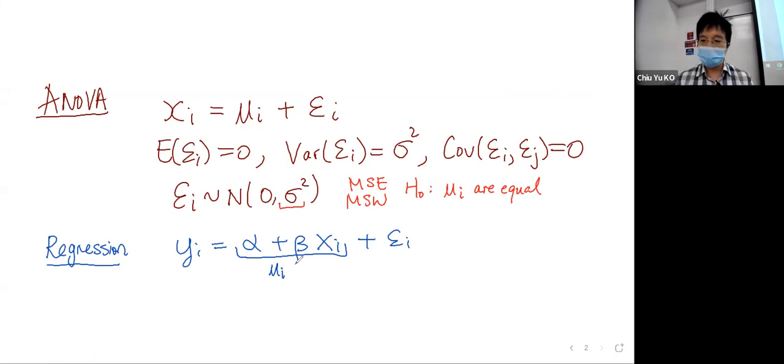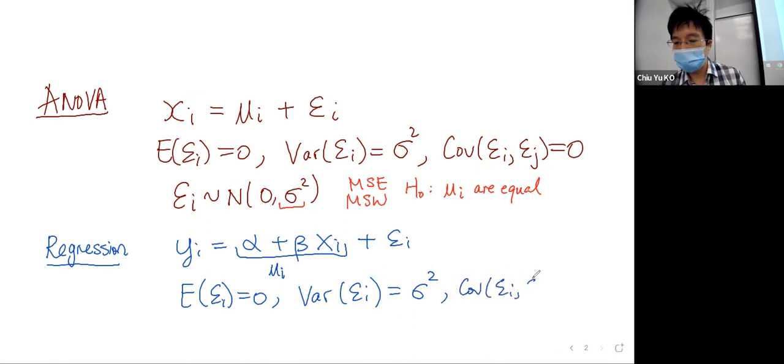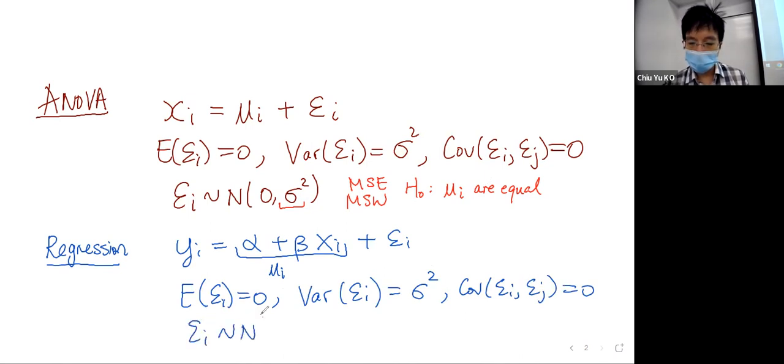You can see the structure is the same because you remember the assumption behind regression, the same idea. The covariance of epsilon i and epsilon j is 0, because we say they're independent. Today we'll assume this is true.